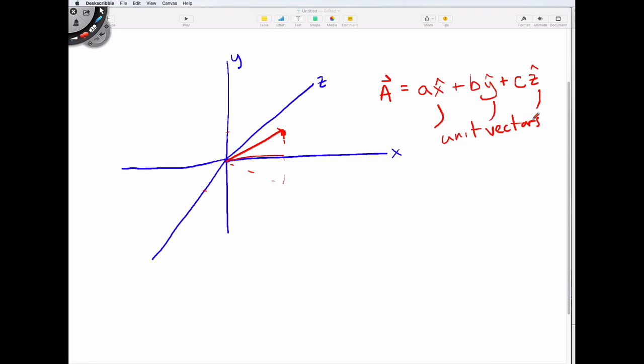The A, B, C are telling us how far to go in those directions. So in this case, we would go A in that direction, B in that direction, C in that direction, and that would give us this vector right here. And in general, in computational physics, we use this type of Cartesian coordinates in a flat Euclidean geometry for our vectors.